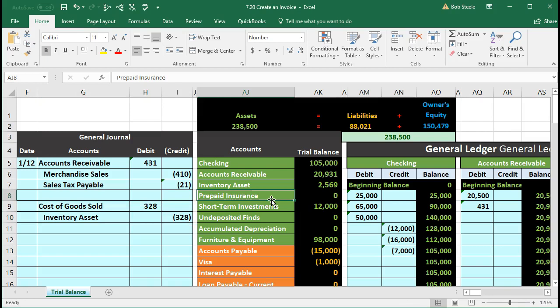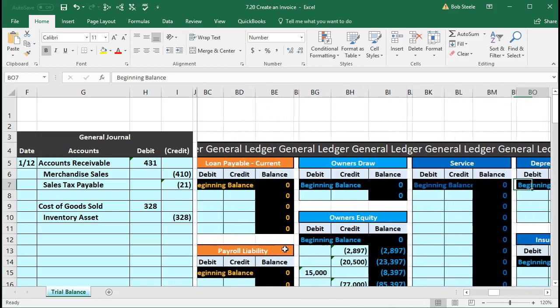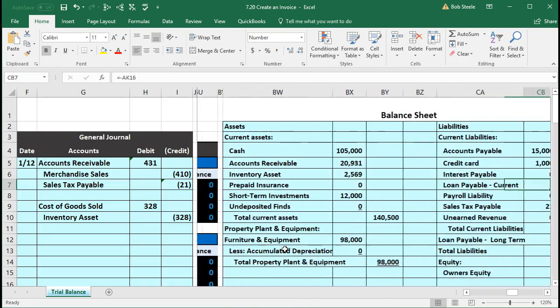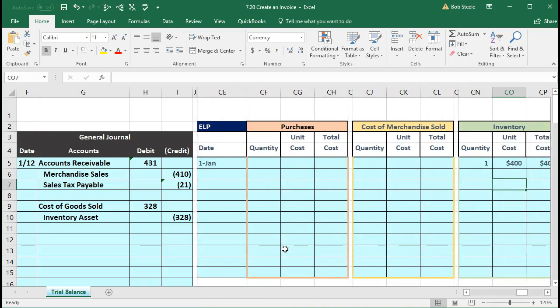So if we go back to our worksheet for inventory, note we have inventory on our trial balance there. But we need to know which inventory it is and say how many guitars we have and what's the value of those guitars. So if we scroll back over, way over to our worksheets again. We've got our inventory worksheet, which looks like this.